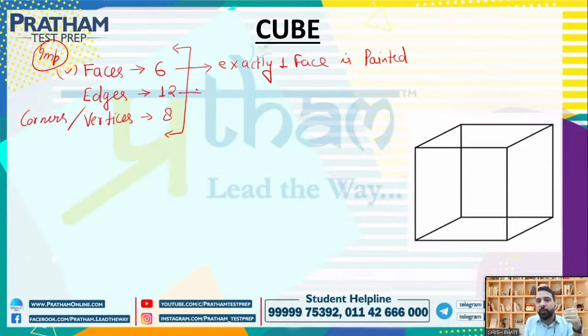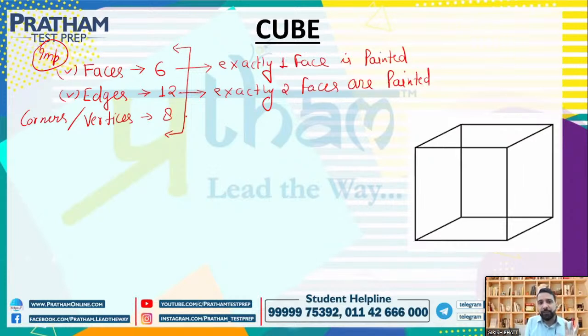If the question is about exactly 2 faces painted, then we have to look at the edges. Why does this happen? We'll discuss this also.